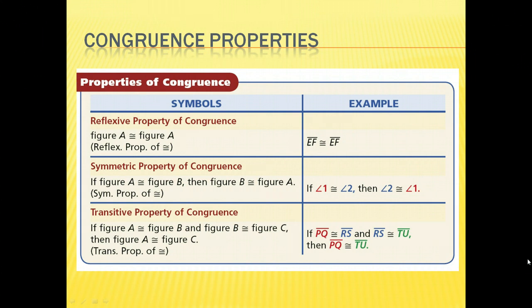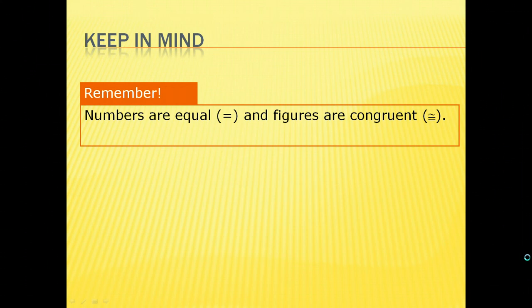The transitive property of congruence: if figure A is congruent to figure B and figure B is congruent to figure C, then figure A is congruent to figure C. Let's keep in mind that numbers are equal and figures are congruent.